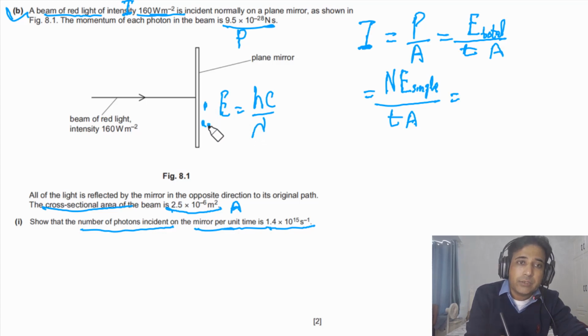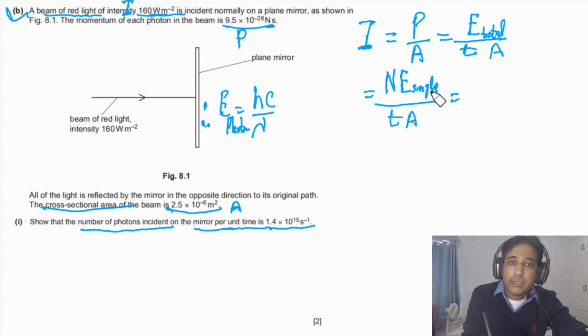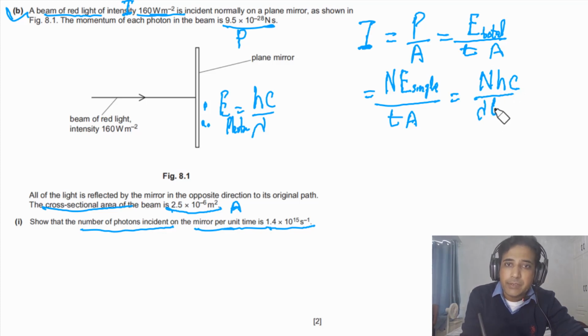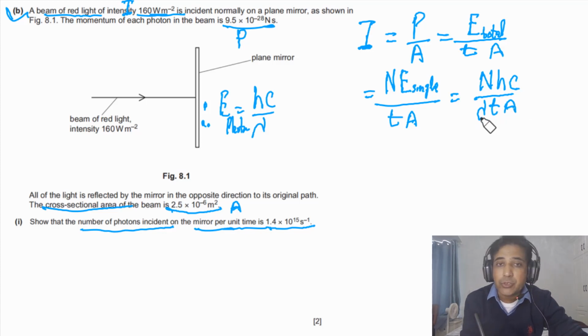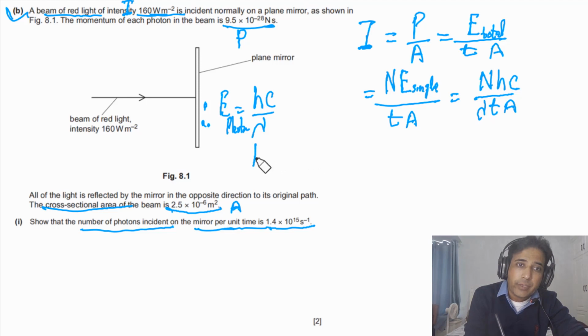So we can replace the energy of a single photon with this, and we get nhc divided by lambda times T times A.